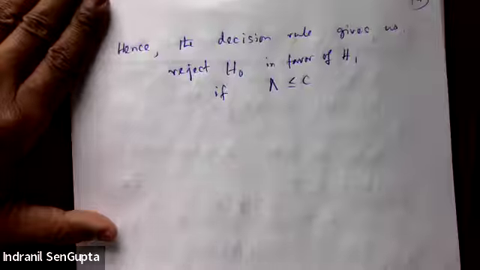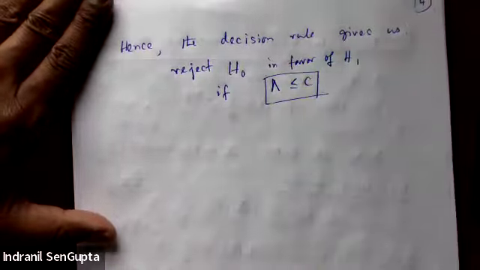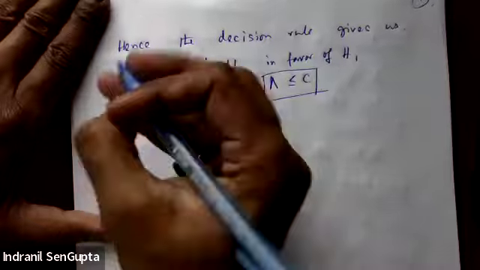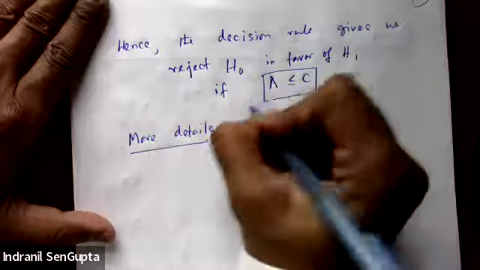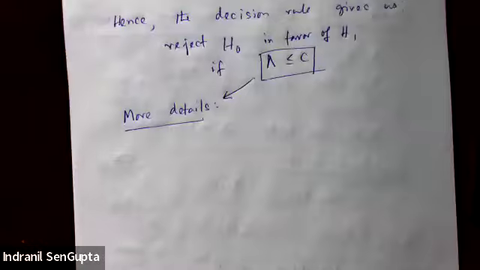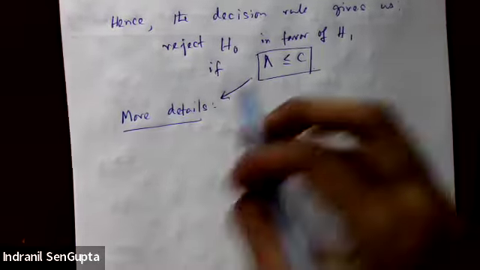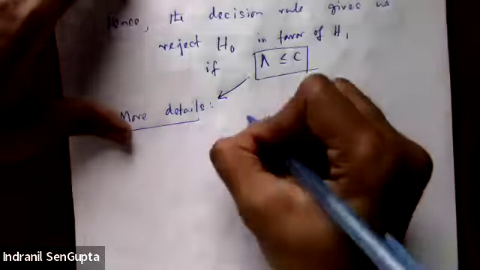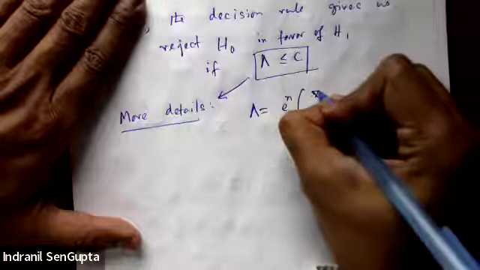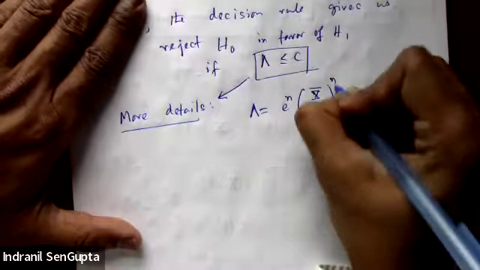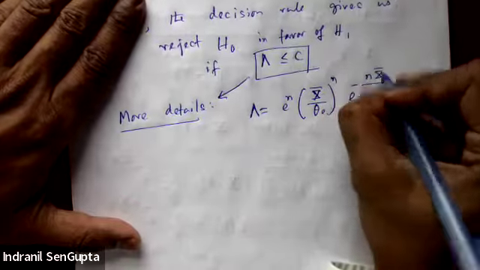Now we'll try to further understand this decision rule in this context. Let's write lambda again: lambda is x bar over theta 0 to the n, and then e to the minus n x bar over theta 0.